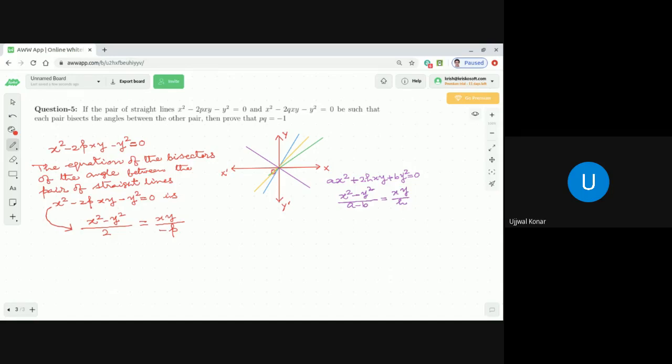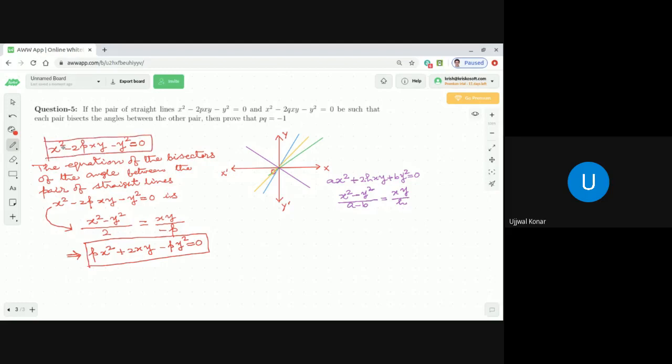Now, from here, what we can say, dear students? What we can write is px square plus 2xy minus py square equal to 0. So this is the joint equation of the bisectors of the straight lines whose equation is this.